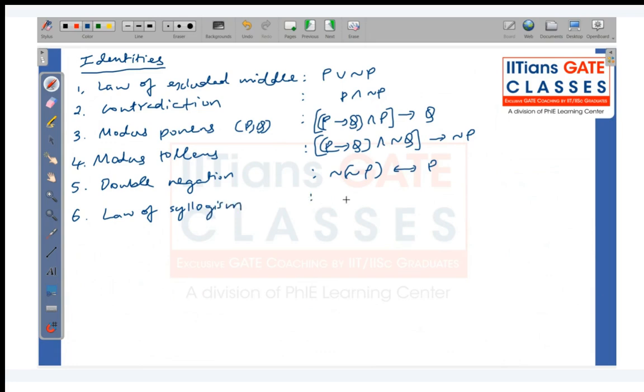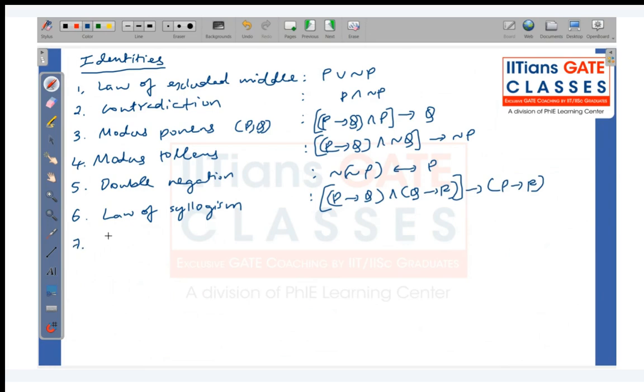If I know that P is implying Q and that Q is implying R, so if I combine these two, I get that P is going to imply R. Okay.